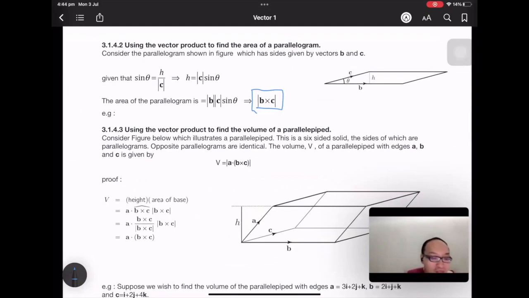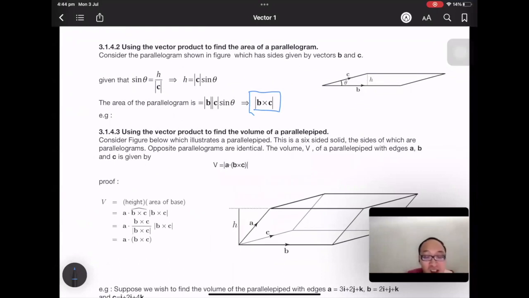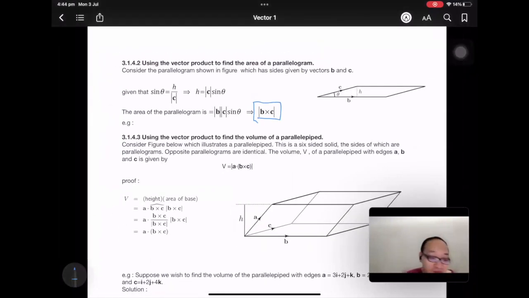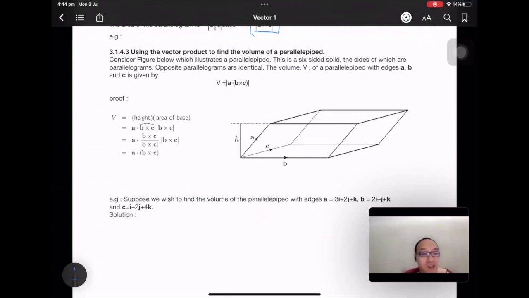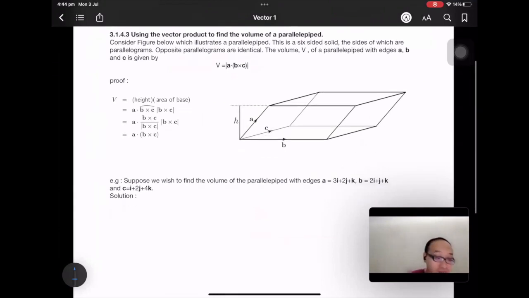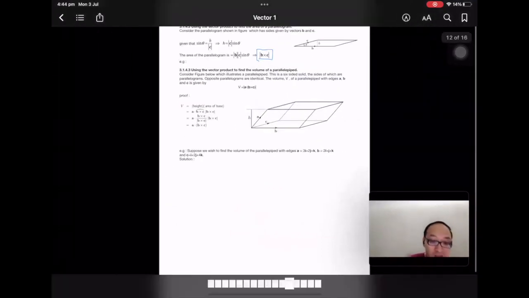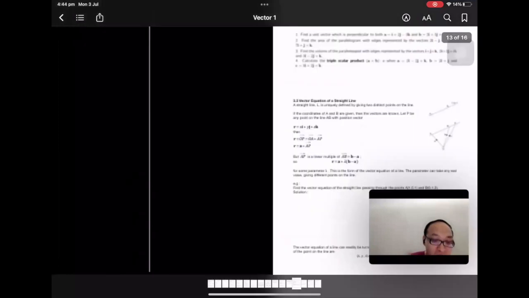How do you find the area of the triangle? Just divide by 2, because this is the formula for the area of a parallelogram. You can use the vector product to find the volume of a parallelepiped. So I will skip this.